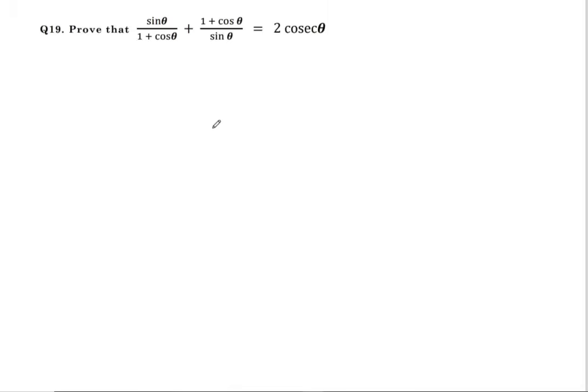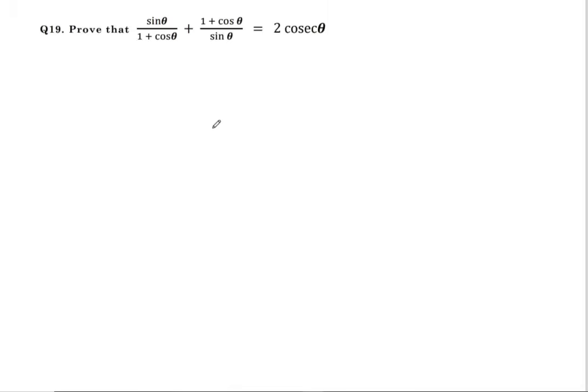A 3-mark question from the unit Introduction to Trigonometry. Students, without having the mindset that trigonometry is difficult, just understand the problem now. Just follow the basic steps, that is butterfly method, taking LCM, all that.